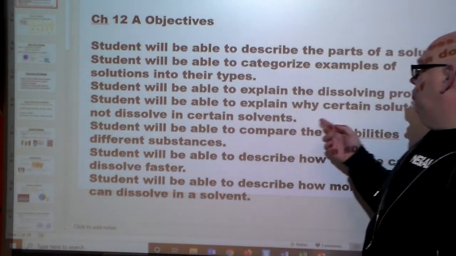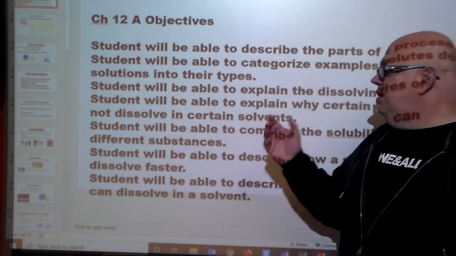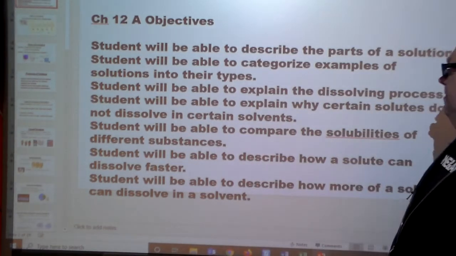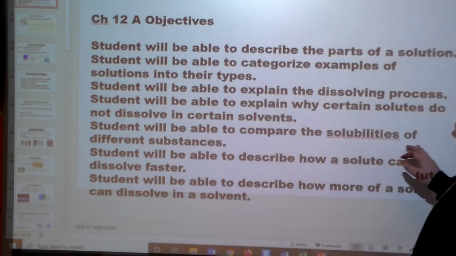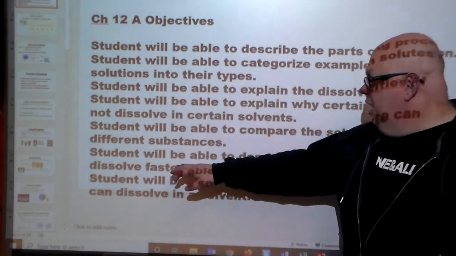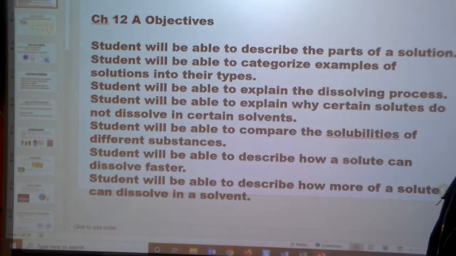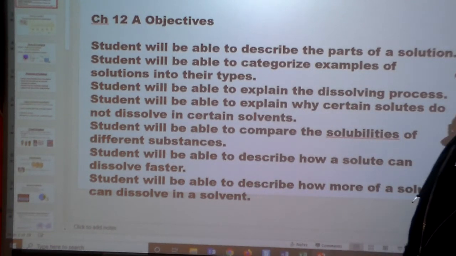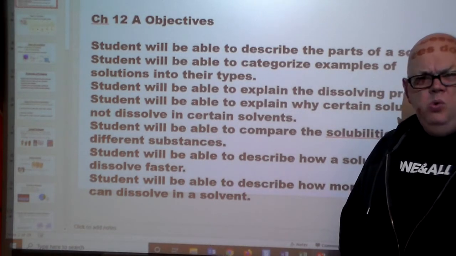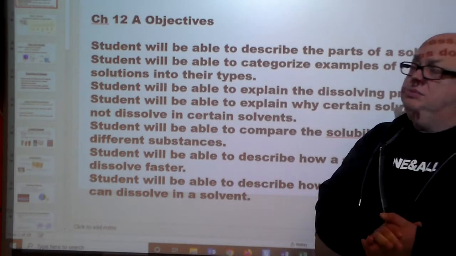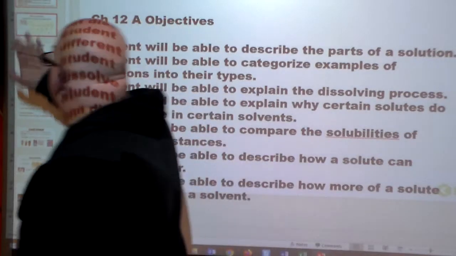You'll be able to explain why certain solutes do not dissolve in certain solvents. You're going to be able to compare the solubilities of different substances. You will be able to describe how a solute can dissolve faster, and how more of a solute can dissolve in a solvent. Woo! A lot of stuff. I might possibly break this into two parts, but let's get going.